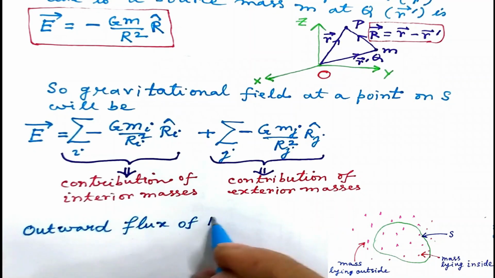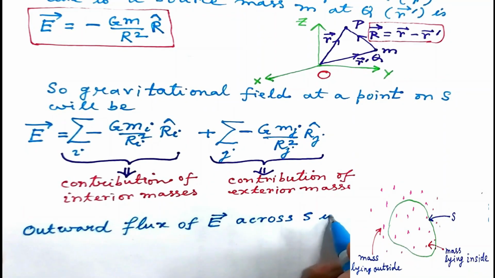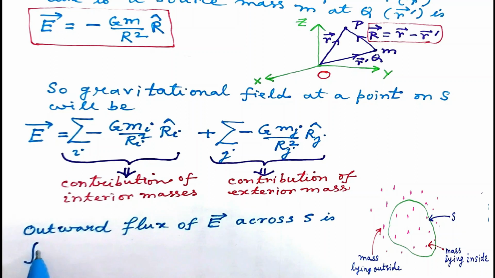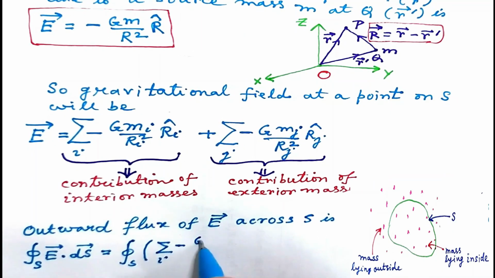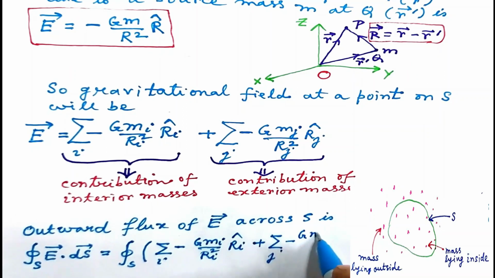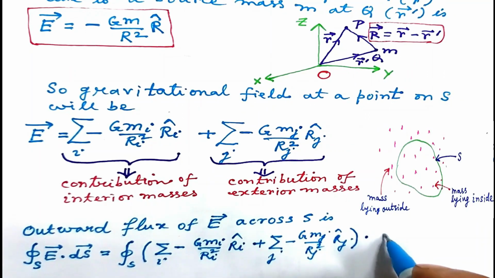Outward flux of vector E across S is closed surface integration over S of vector E dot ds, equal to closed surface integration over S. Now put the expression of vector E, the gravitational field, dot vector ds.